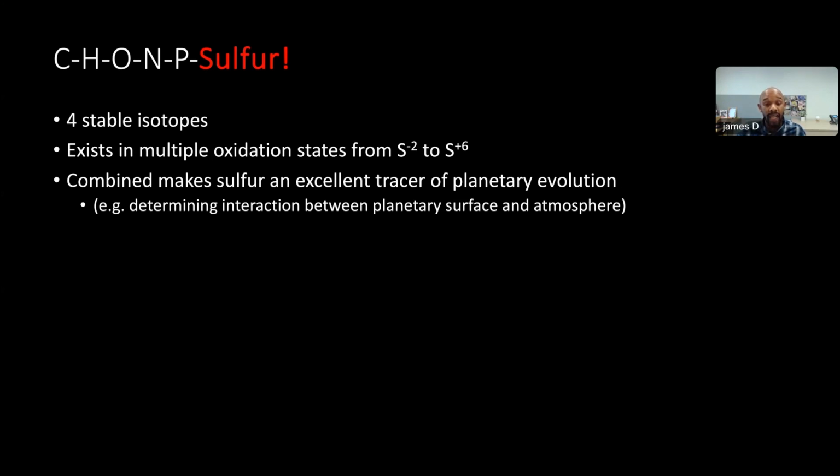And when we combine information from both the isotopic compositions and the petrographic or petrologic context of the rocks, we find that sulfur makes an excellent tracer of planetary evolution. For example, we can use both isotopic compositions and an understanding of the oxidation state of the sulfur to determine the interplay between a planetary surface and a planet's atmosphere.